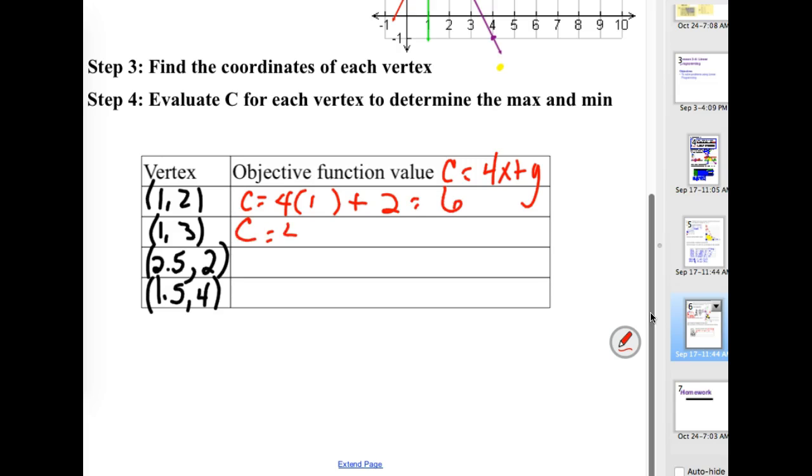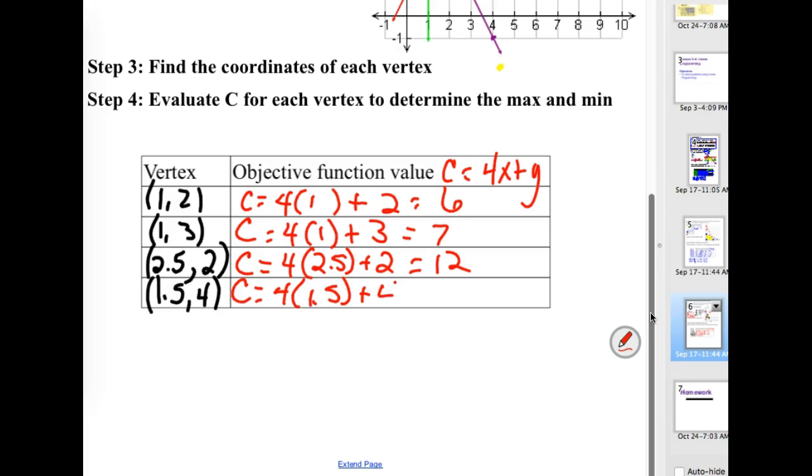Here C equals 4 times 1 plus 3, or 7. Here I have 4 times 2.5 plus 2. Well, what's 4 times 2.5? Okay, 10 plus another 2 would be 12. And then the last one, 4 times 1.5 plus 4. 4 times 1.5 would be 6, plus 4 is 10.